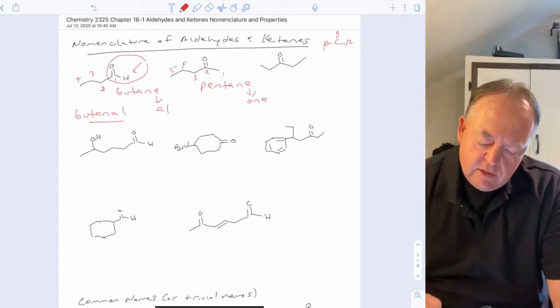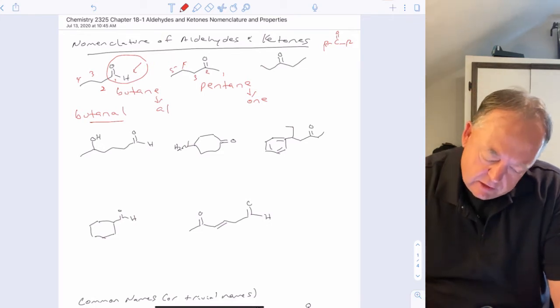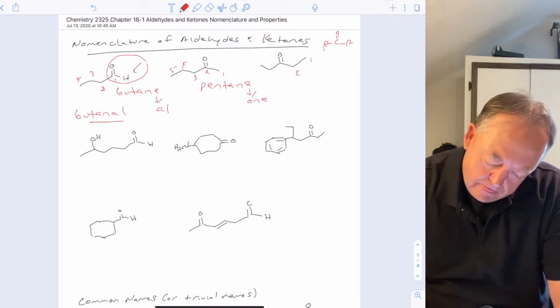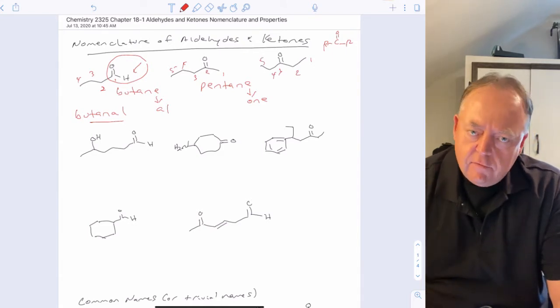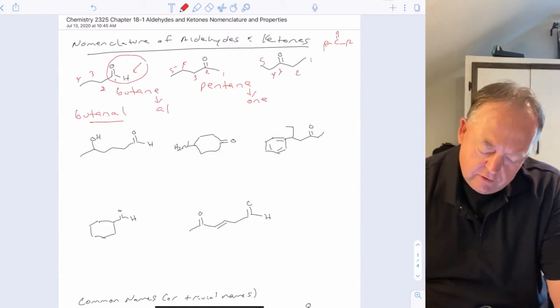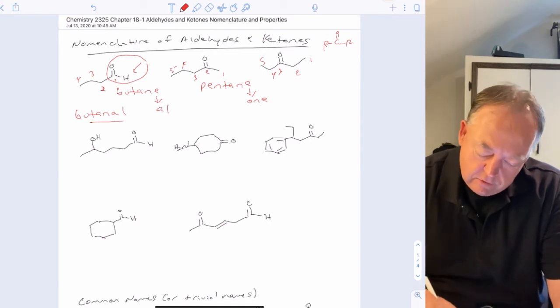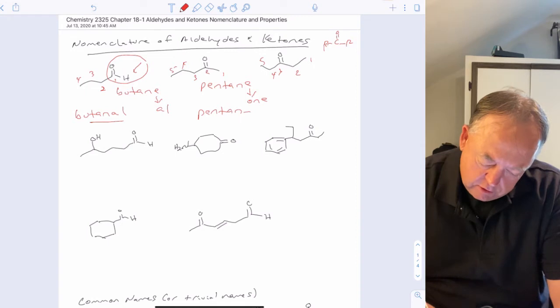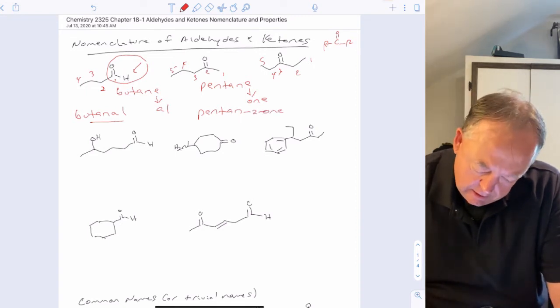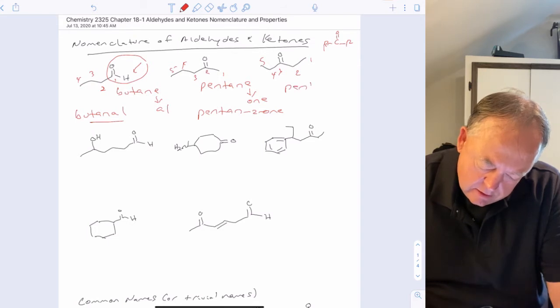So this will be pentanone, and you have to specify where the double bond is, right? Because that's also a 5 carbon chain, but that's obviously a different molecule. Those are 2 different ketones that are both pentanones. So this would be pentan-2-one, putting the 2 right before the ONE, which is what tells you that it's a ketone. And then this would be pentan-3-one.